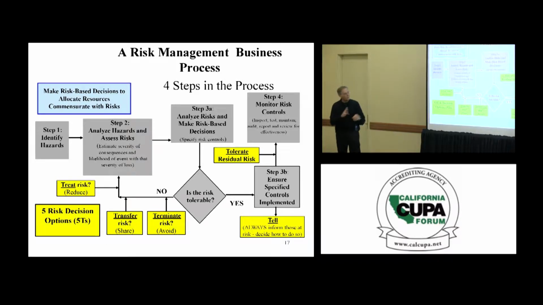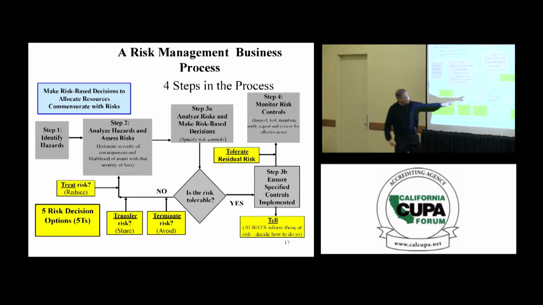There are 4 steps in the process, and there are only 5 decision options in risk management. Again, I can't remember anything more than 5, and that's tough. So what are the 5? They're the 5 T's.